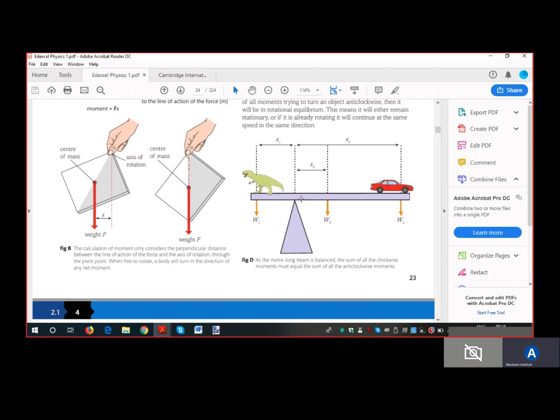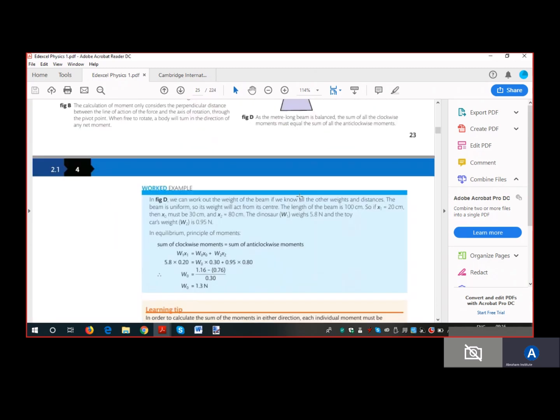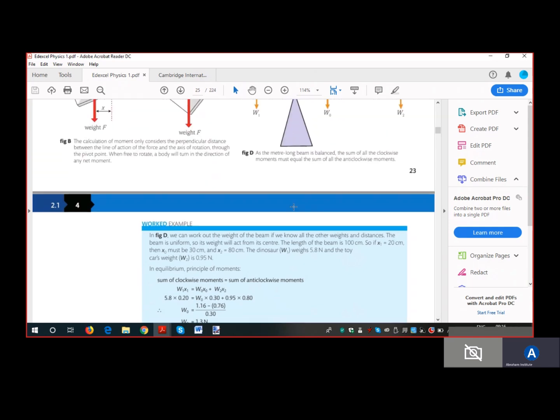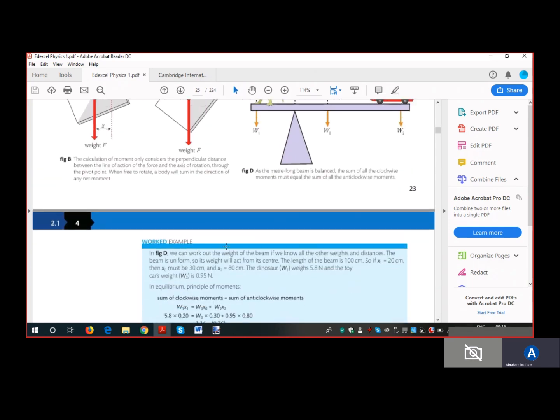So the best thing would be to take moments about this fulcrum. We assume it's going to rotate about the tip of this fulcrum, the pivot, and then do the calculation. We'll see in figure D. We can work out the weight of the beam if we know all the other weights and distances.